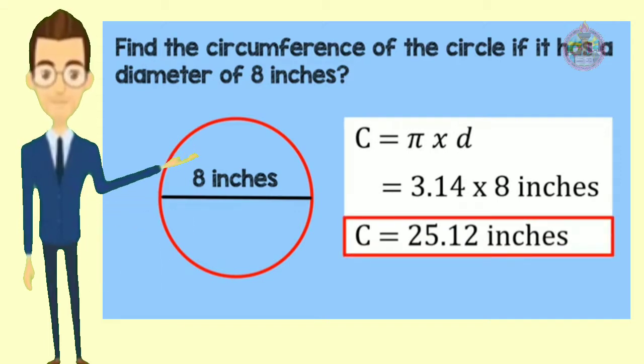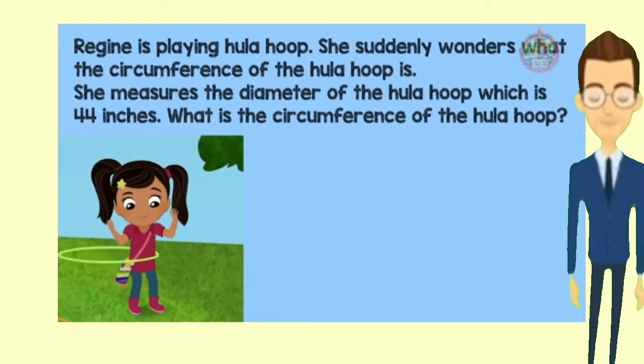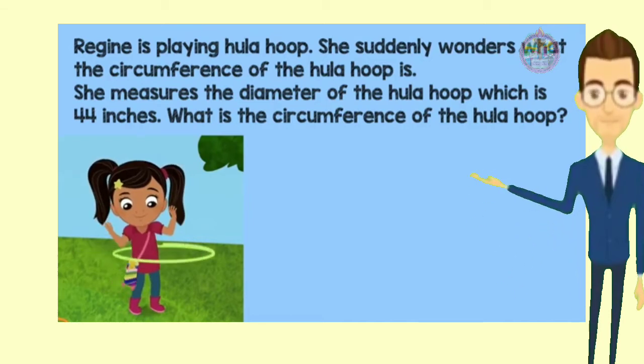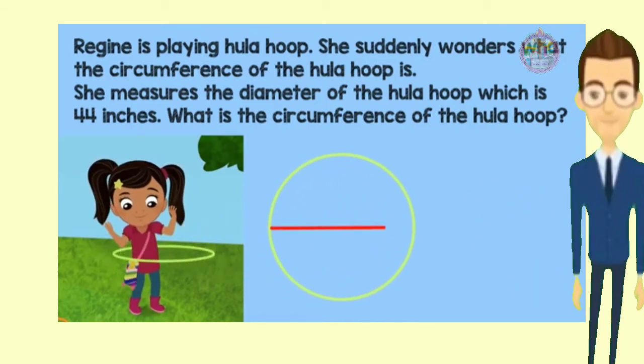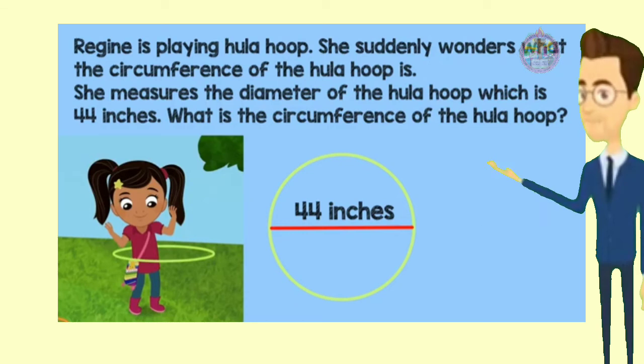Now let's have another example. Regine is playing hula hoop. She suddenly wonders what the circumference of the hula hoop is. She measures the diameter of the hula hoop, which is 44 inches. Now what is the circumference of the hula hoop? Now let's help Regine find the circumference of her hula hoop. Let's find first what are the given in the problem.